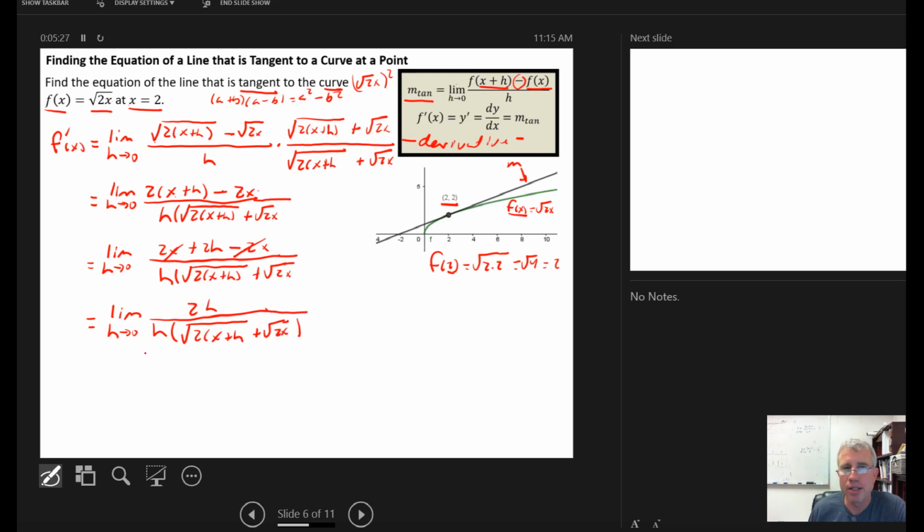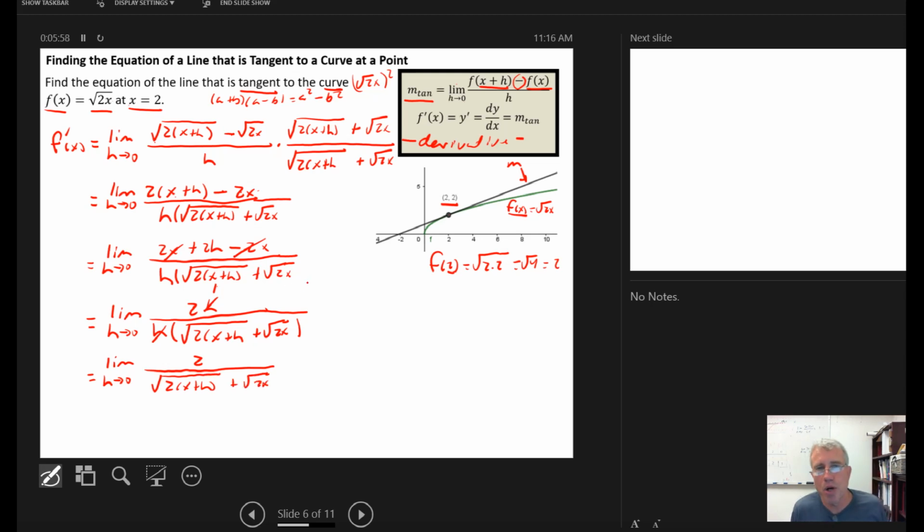And then what I want to recognize is that as long as h isn't 0, and it won't be because we're taking the limit as h approaches 0, but we're not letting h equal 0, so h divided by h is just going to equal 1. So I wind up with the limit as h goes to 0 of 2 times 1 is just 2 over the square root of 2 times x plus h plus the square root of 2 times x.